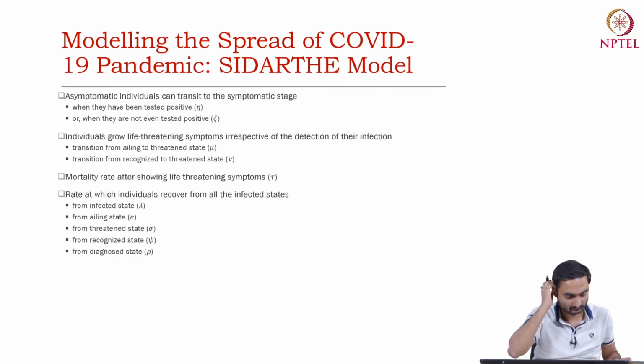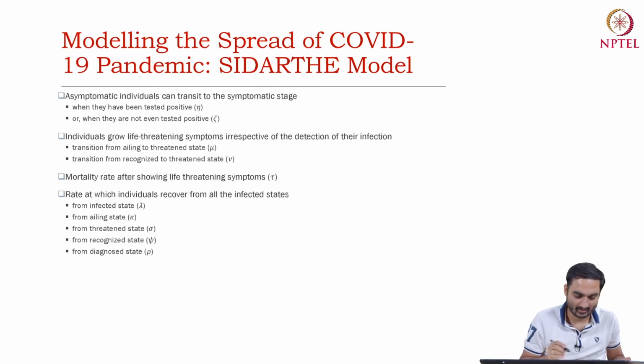Then we have two other parameters, right. From asymptomatic individuals, right, asymptomatic individuals can transit to symptomatic stage, right.